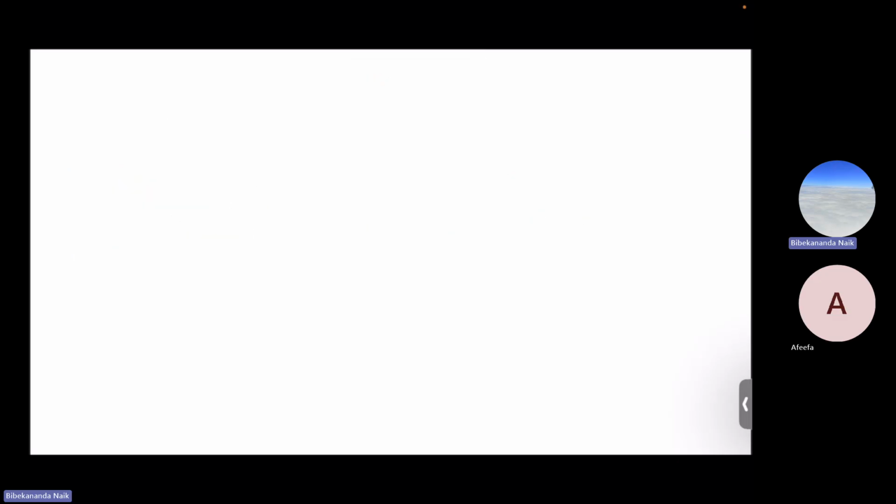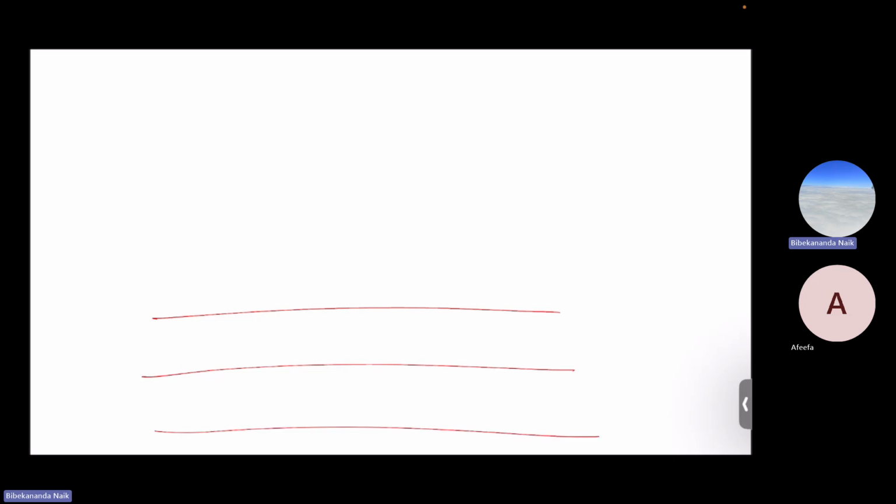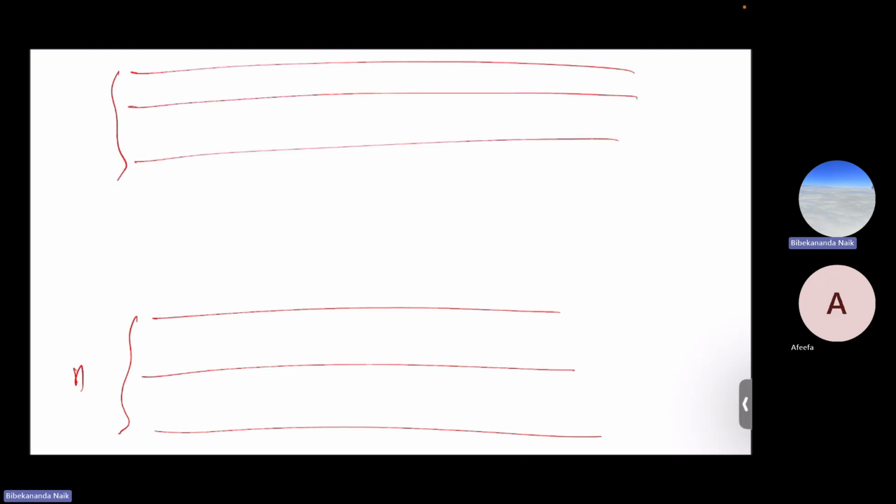Suppose this is the ground state, and this is the excited state. Suppose this is A and this is B. When the transition occurs from A to B, this is electronic spectra.